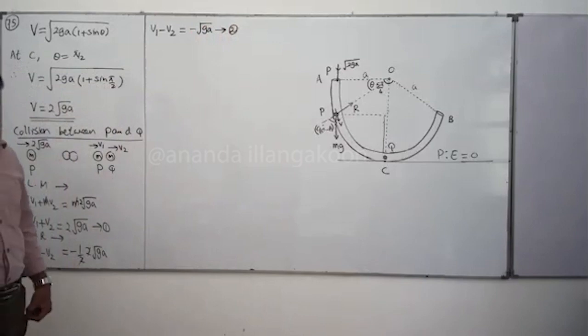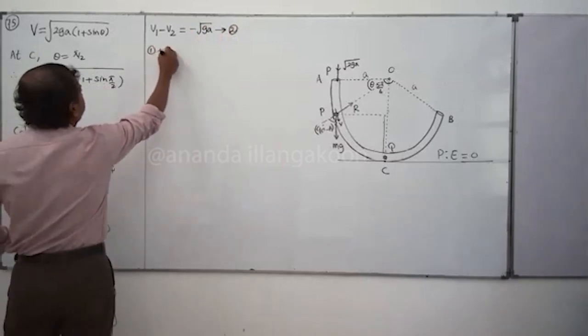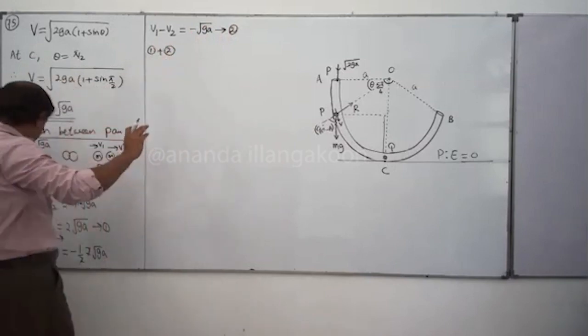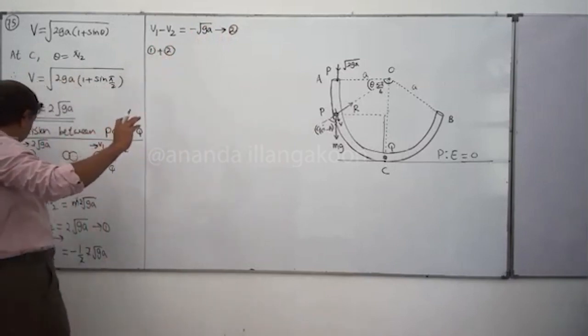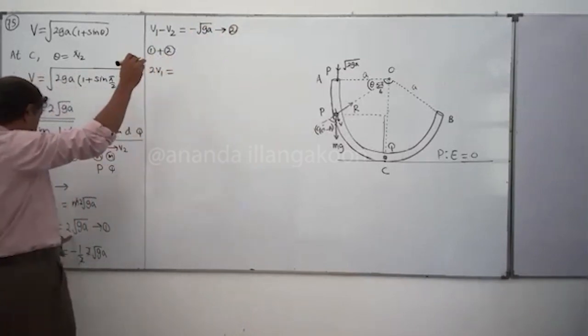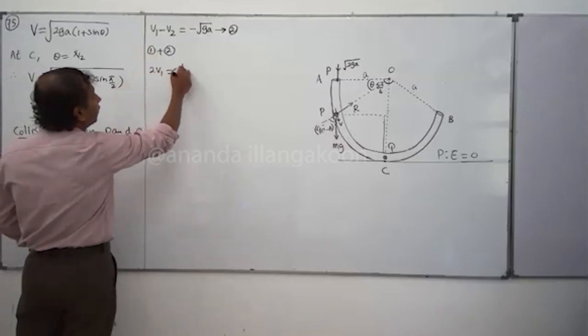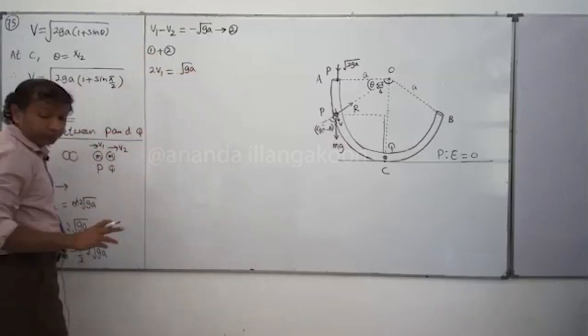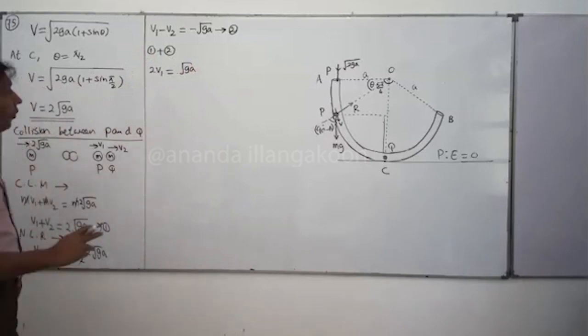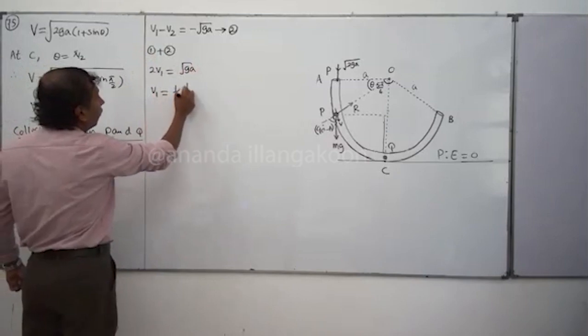Right, now we need to find V1 and V2. There you have to add these two equations, 1 and 2. When we add, what do you get? V1 and this V1 make 2V1. On the right hand side, 2 root gA plus minus root gA gives root gA. Then V1 is going to be half root gA.